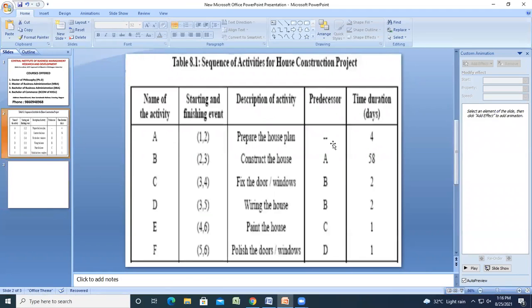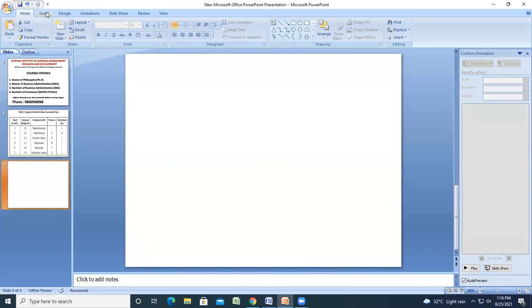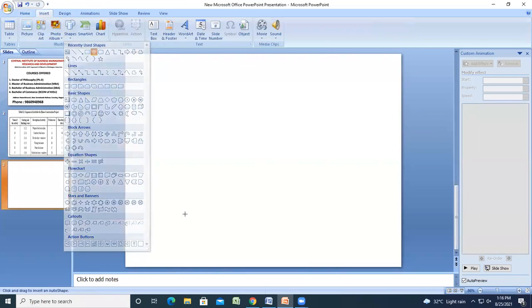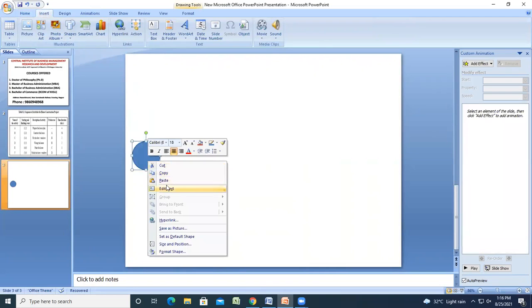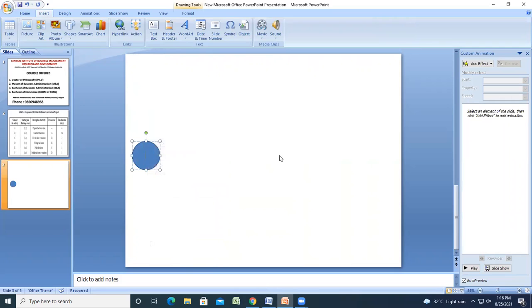Now, as there is no predecessor of activity A, activity A will be the starting activity. First of all, we will make a node. A node is in circular form. Within this node, we will write the name of the activity.